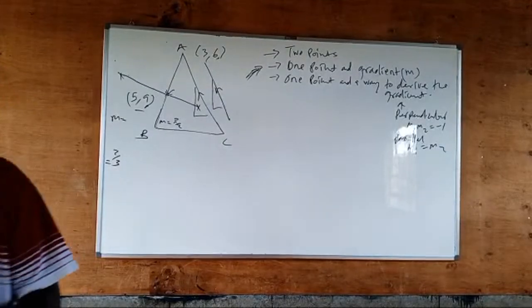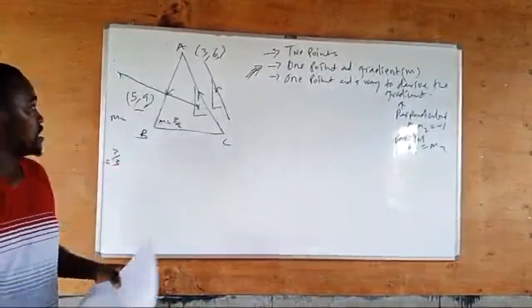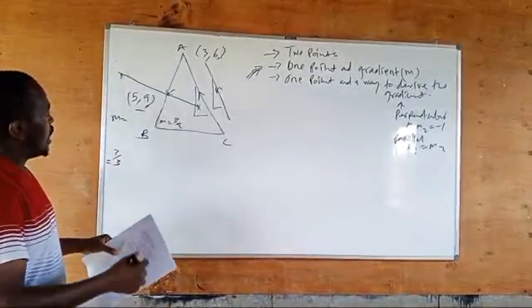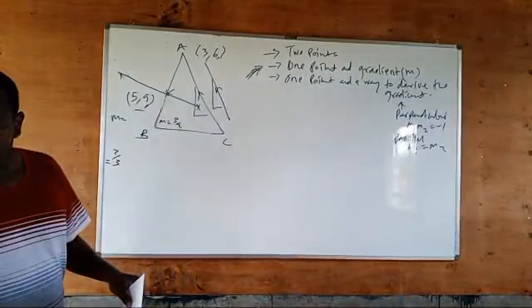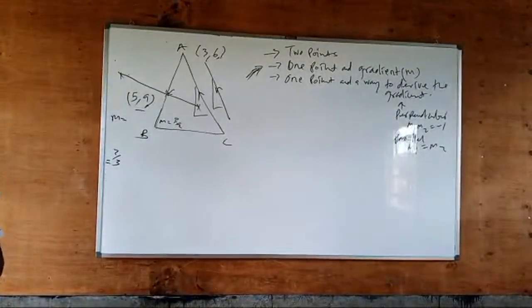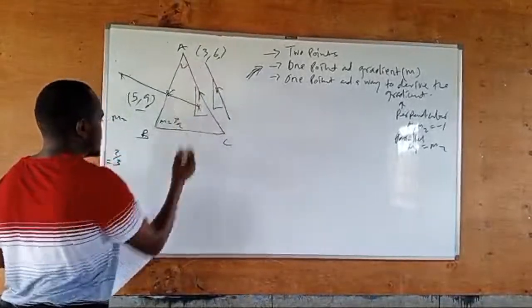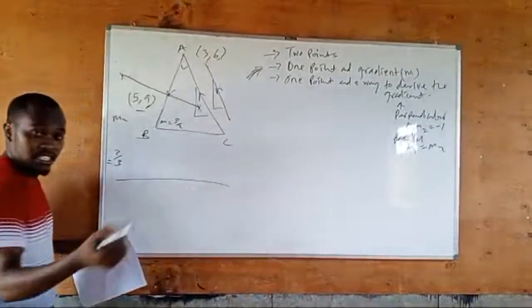Part C. Given that AC is perpendicular to AB, now we are assuming. So tushafanya part A, part B. Now the third question. Given that now this AC is perpendicular. Sasa for that question you can draw another one.